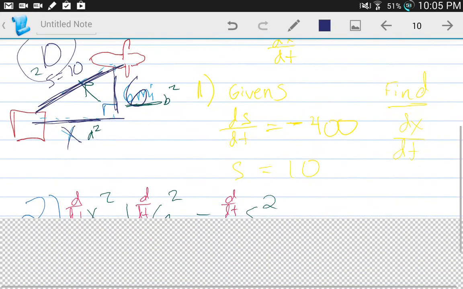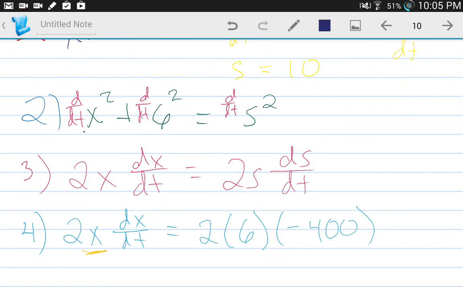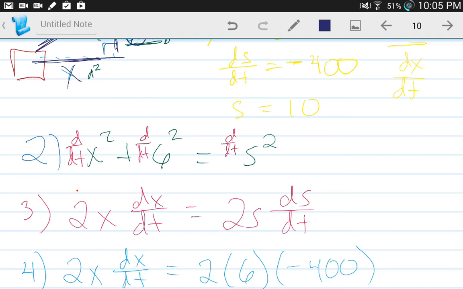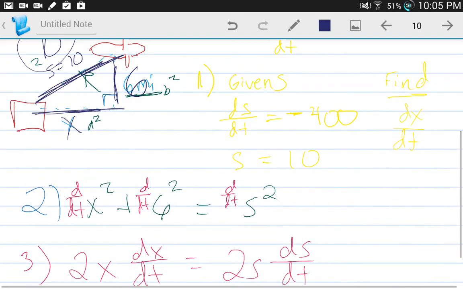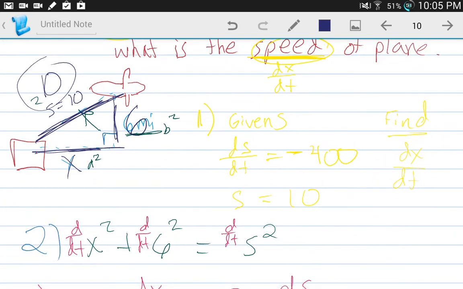And what you want to think about is that in steps 2 and 3, we're leaving the variables there. But on step 4, you're plugging your variables in. So now we can go back here and say x squared plus 6 squared equals 10 squared, and that's x squared plus 36 equals 100. Subtract 36, we get x squared equals 64, which gives us x equals 8.